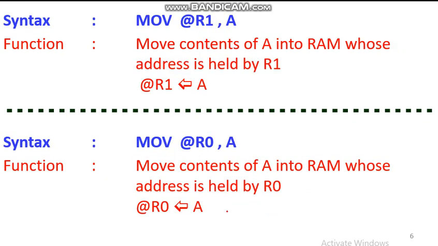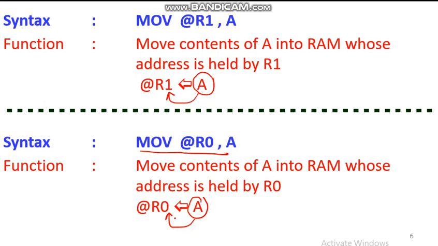Similarly, we have MOV @R1, A. The meaning of this is that the content of A is copied into the location pointed by R1. In this case, the content of A is copied into the location pointed by R0.